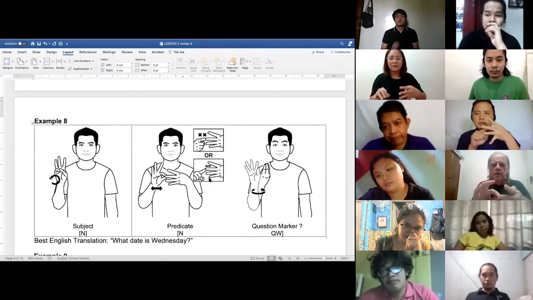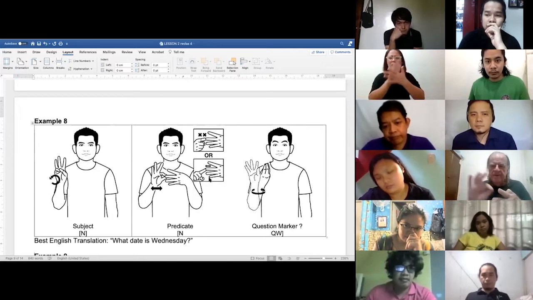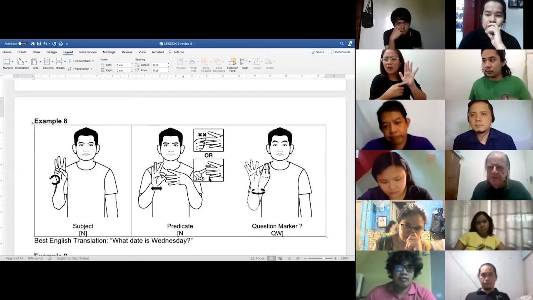So what hand shape is it? Is it an F hand shape or is it a 1 hand shape?